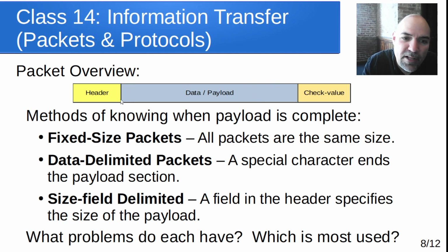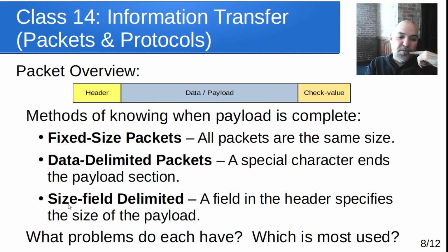Think of that like quotation marks. You say it starts here and it goes until we get this end quotation mark over here. It might be a null character. You read data until you get to a 0 byte. And each of those have kind of advantages and disadvantages. We'll talk about those here in a second.